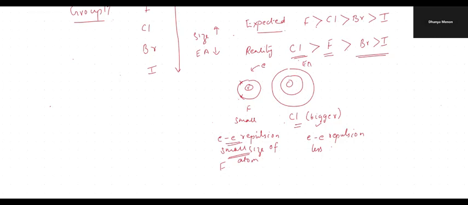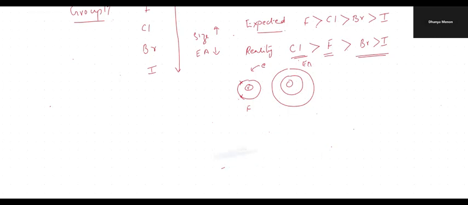So you can write down the explanation like this. Here the configuration is 1s2, 2s2, 2p5. Here 1s2, 2s2, 2p6, 3s2. This is 17.